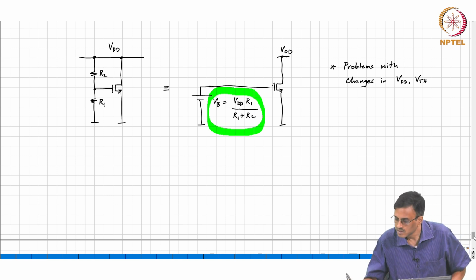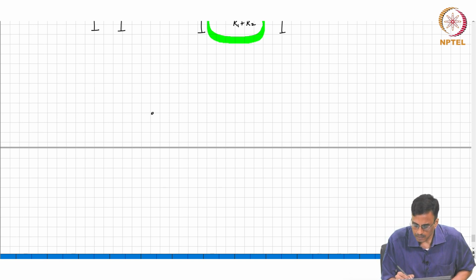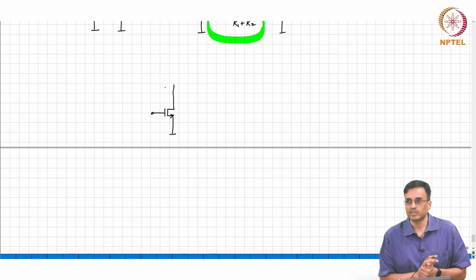So, in other words, imagine you are in a lab. You have all the laboratory instruments, ammeters, voltmeters, voltage source, current source, whatever, and you have a MOSFET whose threshold is unknown. Mu and Cox W by L is also unknown.